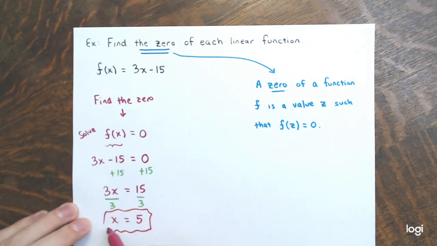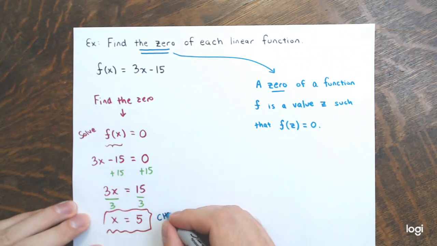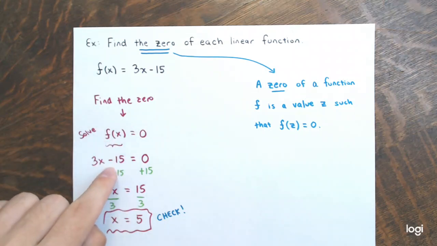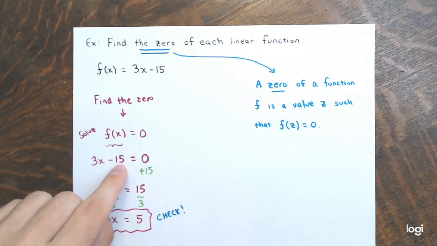And of course, as with any equation and solutions to equations, please check. Go back in: is 3 times 5 minus 15 equal to 0? Well, yeah, 3 times 5 is 15, minus 15 would be 0.